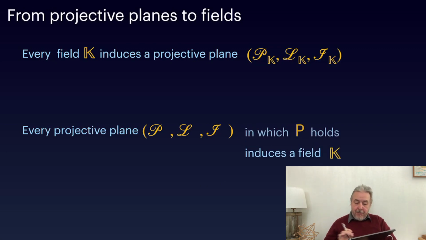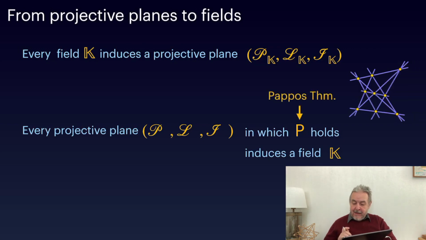Every projective plane in which P holds induces a field K. So you may remember that P was our shorthand for the statement that Pappus theorem holds. So Pappus theorem is a certain incidence statement, and we assume that it holds in our projective plane that we have here.